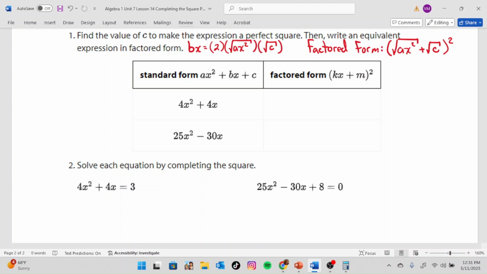So let's take a look at what we know. In the first one, we have 4x as the b term, and that is going to equal 2 times the square root of 4x squared. That's going to be 2x times the square root of c. 2 times 2x equals 4x.